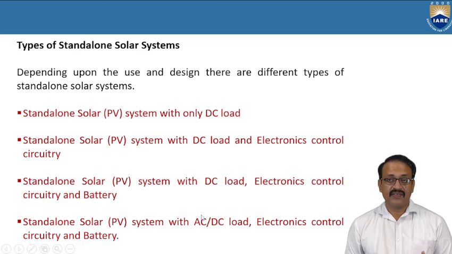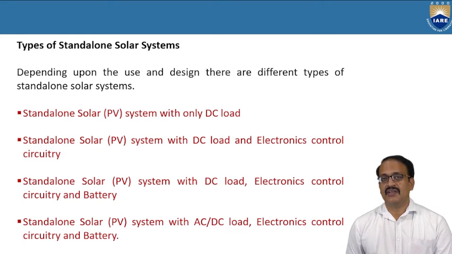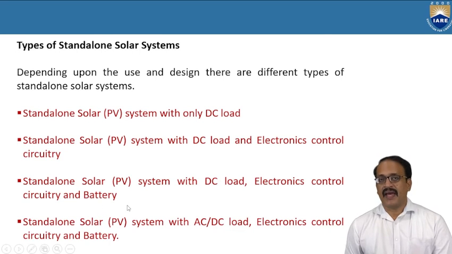So what happens is sometimes it may be cloudy, so the power will be decreasing. Sometimes we also have to use it during the night times, and for that we need a battery bank.